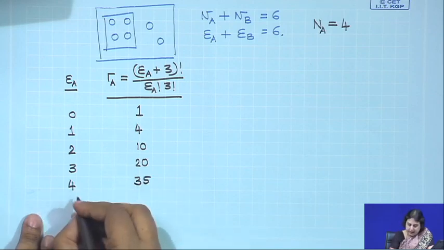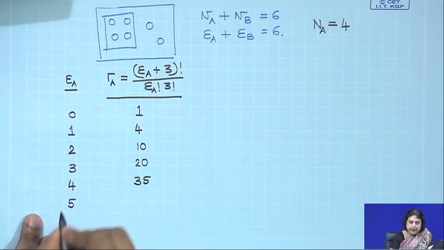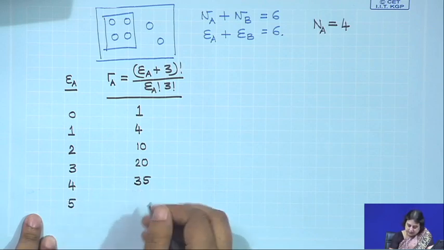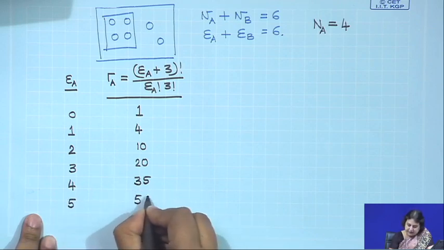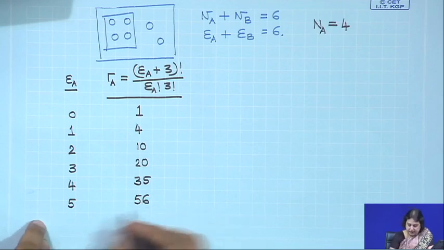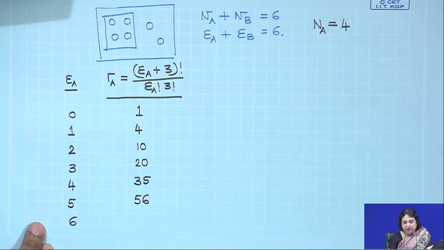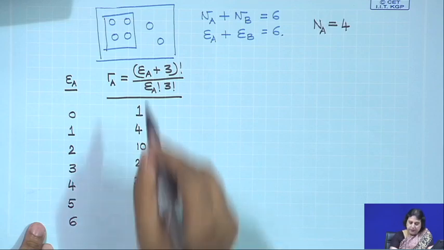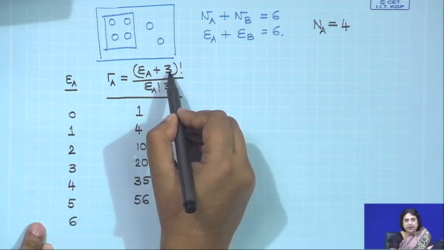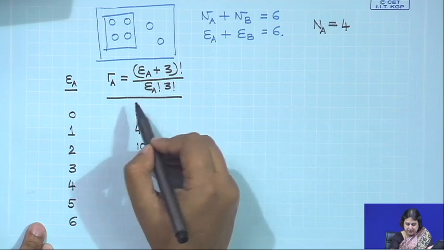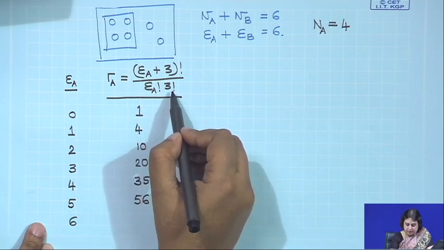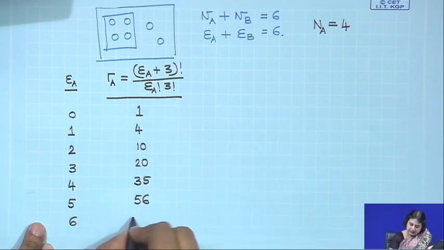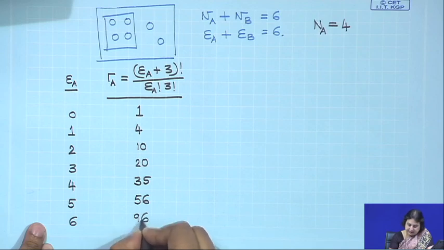For epsilon A equal to 5, the number turns out to be 56. And finally, for the highest admissible value of epsilon A, which is 6, that is pretty trivial: I will have 6 plus 3, 9 factorial divided by 6 factorial into 3 factorial, and the answer is 84.